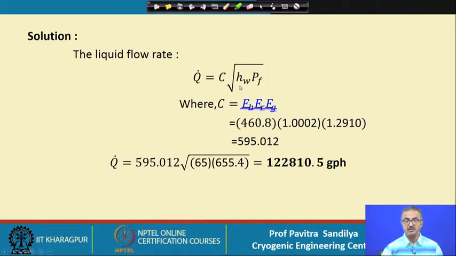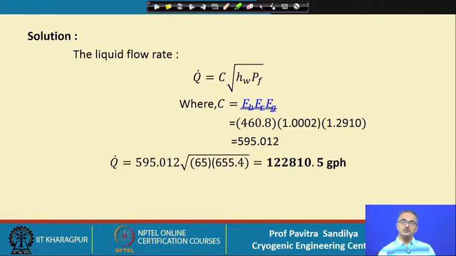HW is the height of the water column, and with this we find that the liquid flow rate in the natural gas is coming out to be 122,810.5 gallons per hour. So, this is the flow rate of the liquid.